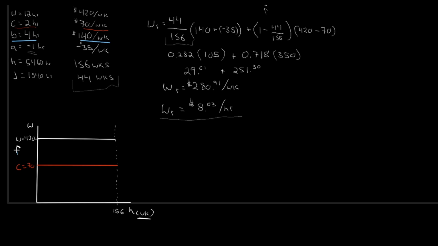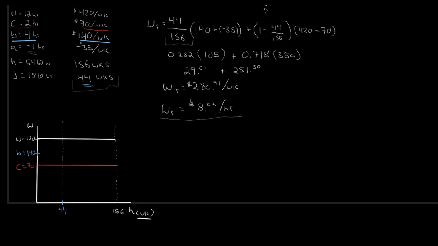So we would have our unemployment benefit of 140. But keep in mind, we're only getting this 140 for 44 weeks until we find a new job. So maybe something like that. 44.